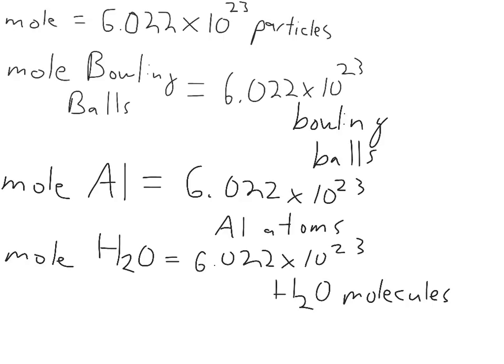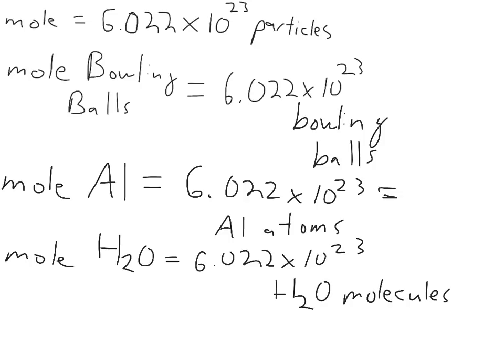Okay? But each of these has a different weight, and that's back to the topic of counting particles by weighing them. If you reference the periodic table, you see an atomic mass.